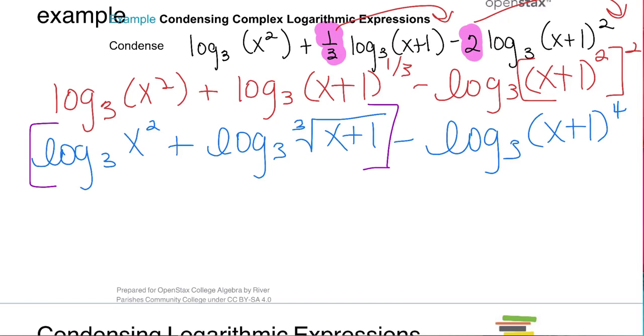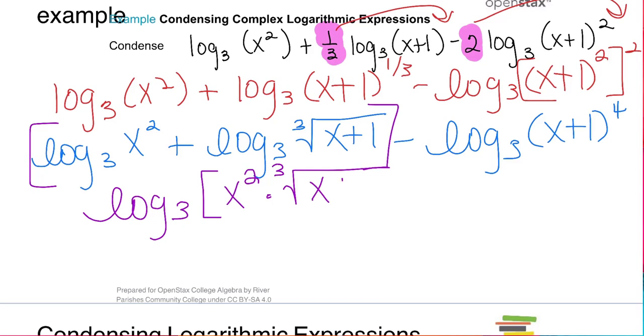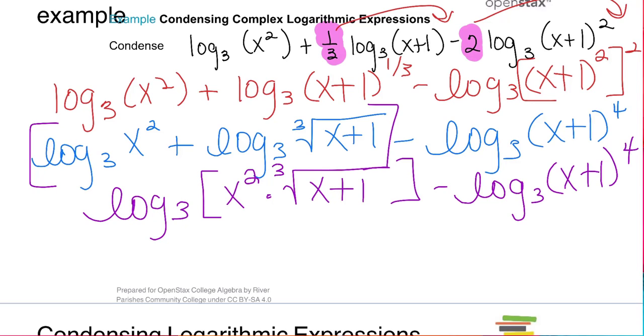Writing it as one log, that'd be log base 3 of x squared times the cube root of x plus 1, and then minus log base 3 of x plus 1 to the 4th.